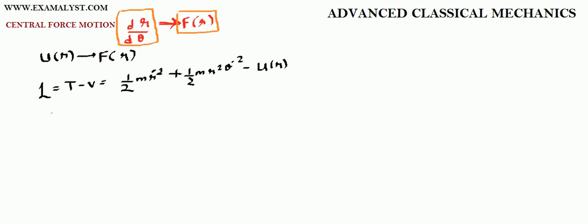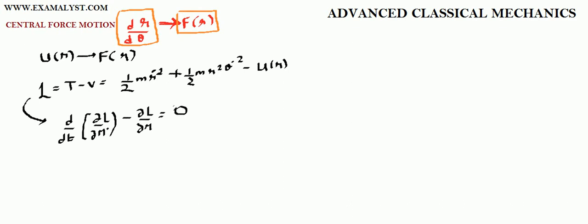So what if we now use this Lagrangian in the Lagrangian equation of motion? Remember the Lagrangian equation of motion? That was d by dt of del L by del r dot, minus del L by del r, equals 0.